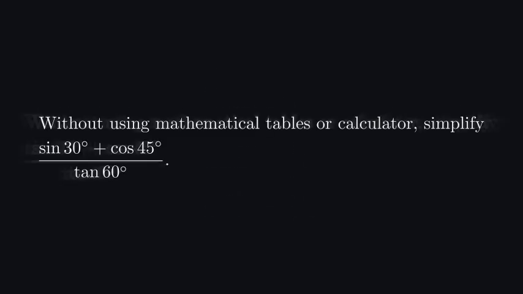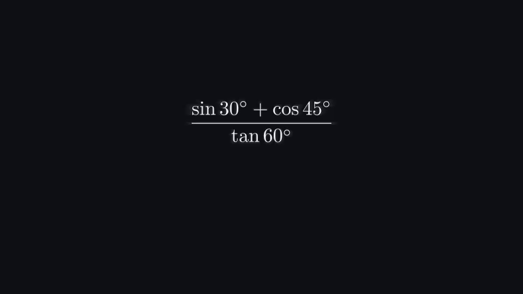We are asked to simplify sine of 30 degrees plus cosine of 45 degrees over tan of 60 degrees without using mathematical tables or a calculator. Sin of 30 degrees plus cosine of 45 degrees over tan of 60 degrees.